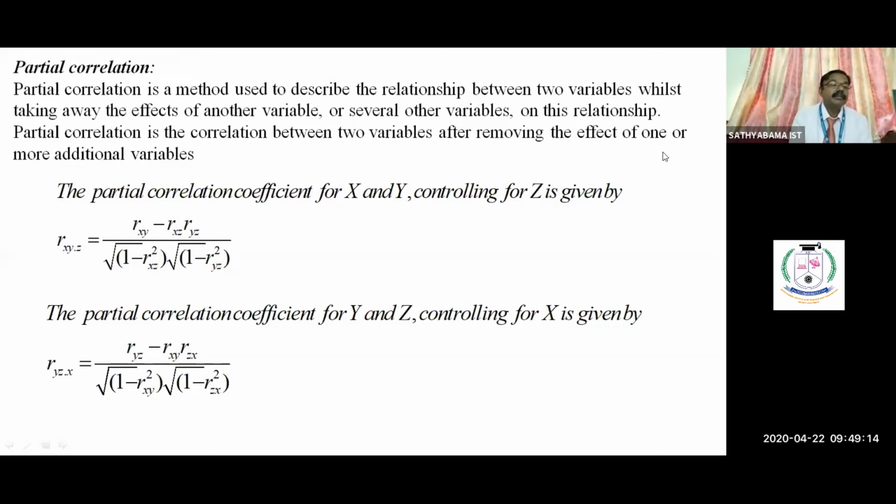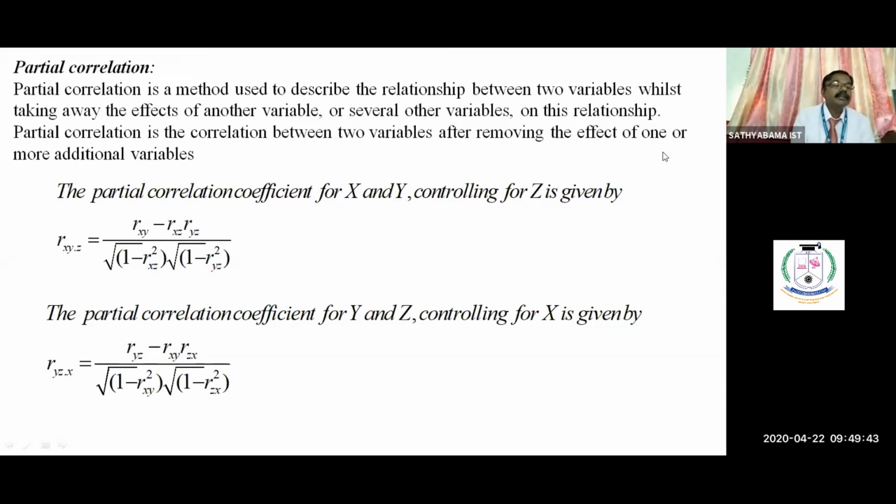That means the effect of z is stable, or we are not considering the effect of z, and it is equal to Rxy minus Rxz product Ryz. Rxy, Ryz, and Rxz are nothing but the correlations between the respective variables.